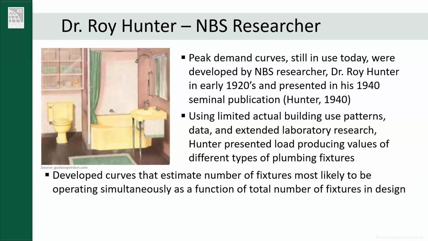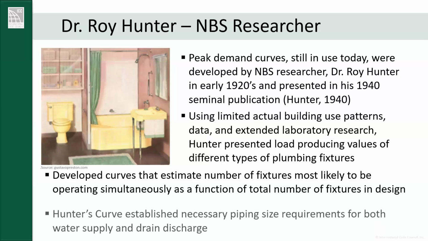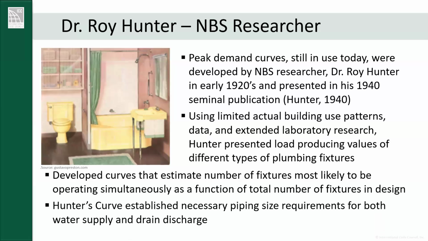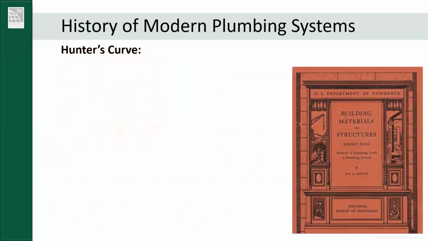And additionally, today the flow of the plumbing fixtures has certainly been reduced since when he did this research. So he did establish piping size for both water supply and drain discharge. I think we most commonly think of the pipe sizing for the water supply, not so much the drainage, but he did both.